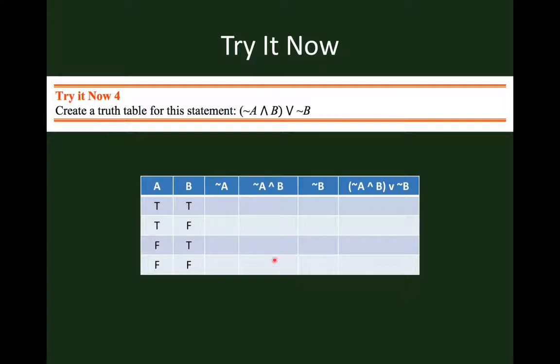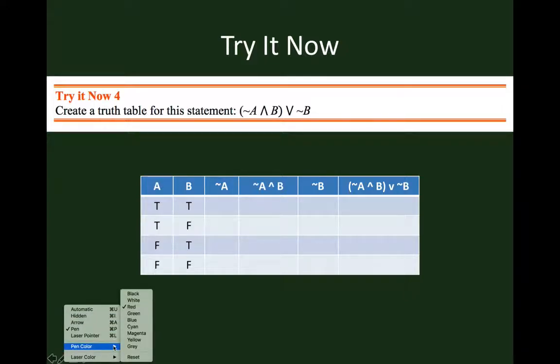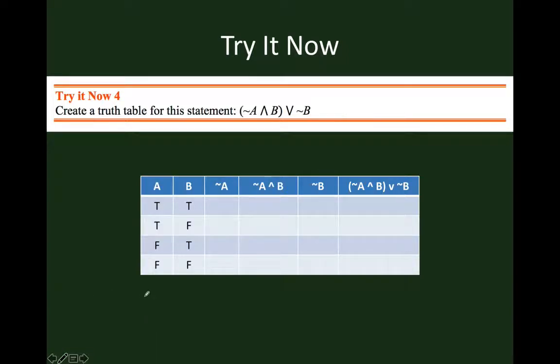Now let's take a look at a truth table here. And again, these examples I'm taking out of the textbook. This is example, or try it now 4. Basically what I have here is condition A, condition B: true, true, true, false, false, true, false, false.